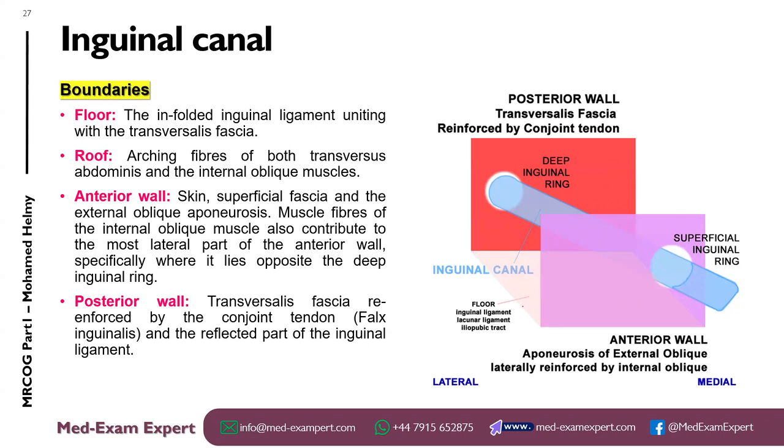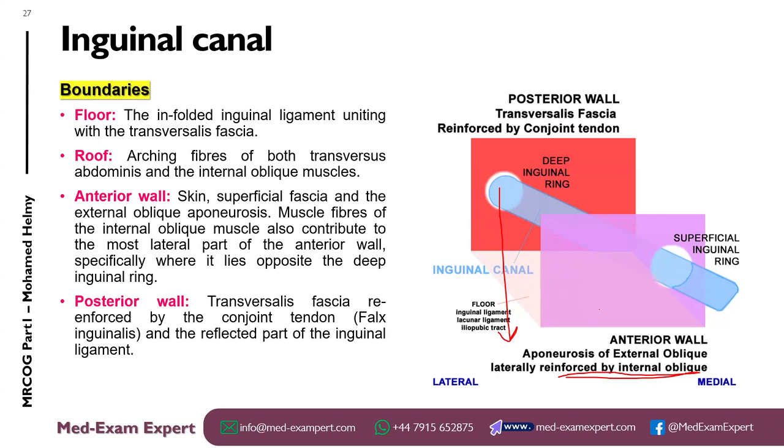Also, on the lateral part of the anterior wall, we have reinforcement by the internal oblique muscle lying directly in front of the deep inguinal ring, reinforcing it.